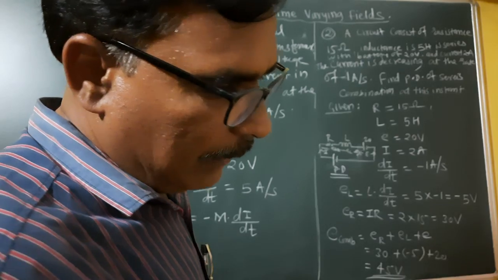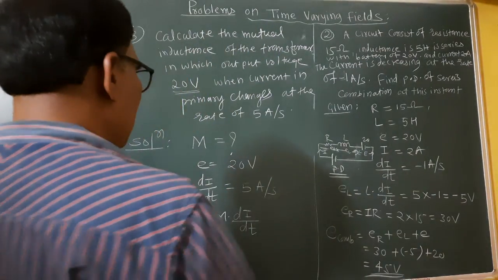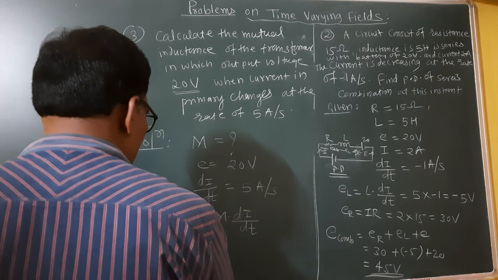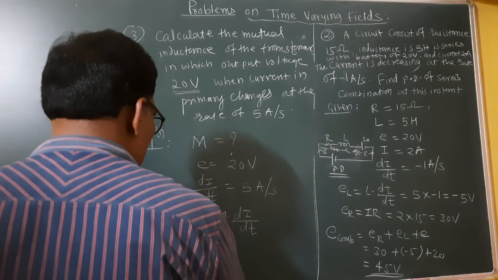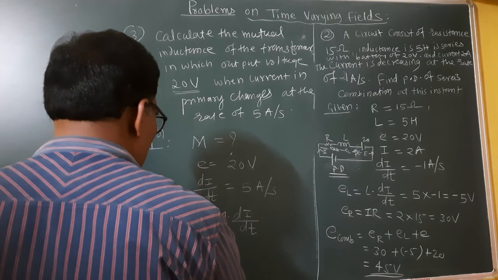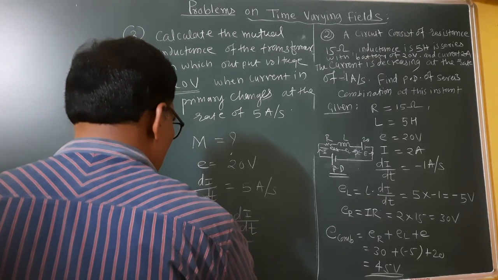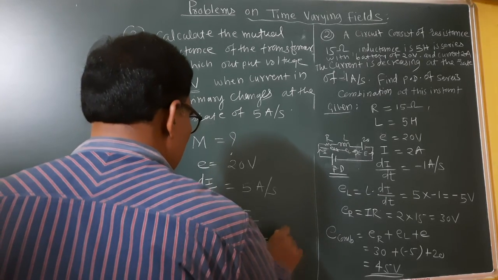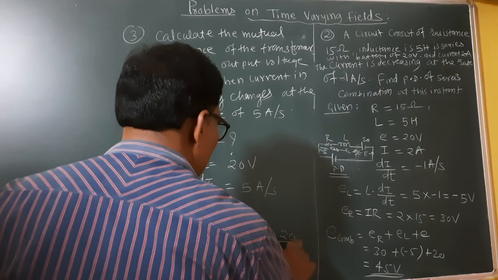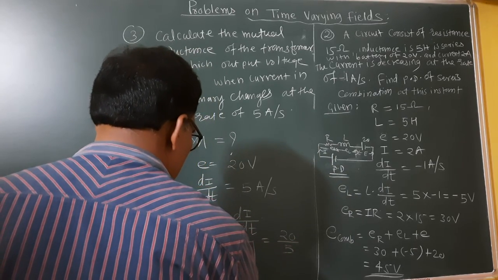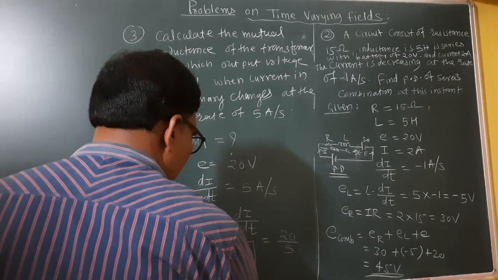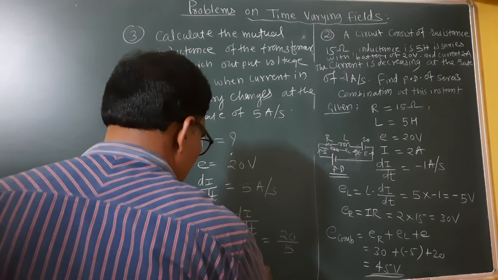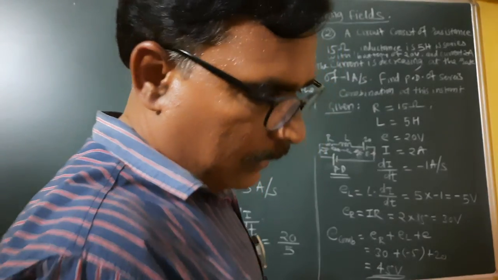Taking the magnitude, M is equal to E upon the magnitude of di by dt, which is 20 divided by 5. The mutual inductance is 4 Henry. This is the answer for this problem.